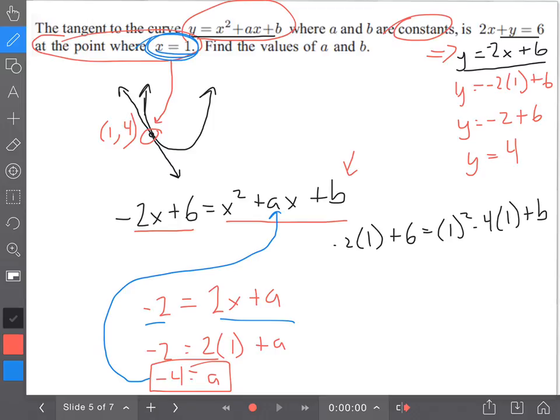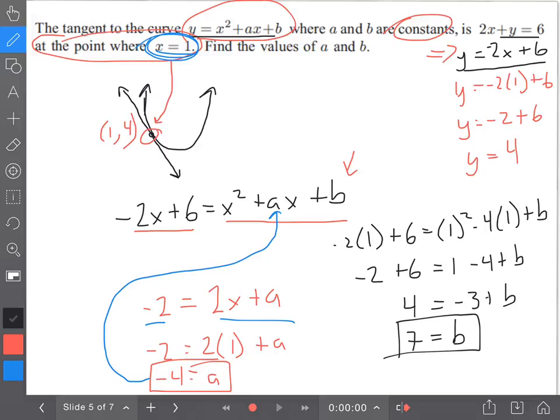So negative 2 plus 6 equals 1 minus 4 plus b. So 4 equals negative 3 plus b. Add the 3 to the other side, and I got 7 equals b. I have now solved for a and b.